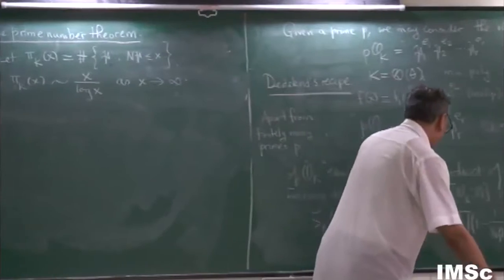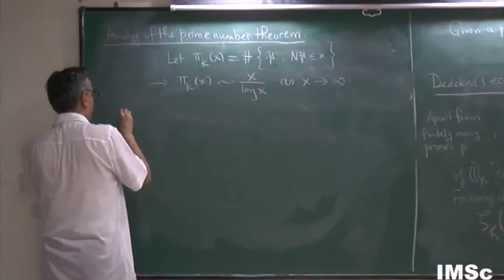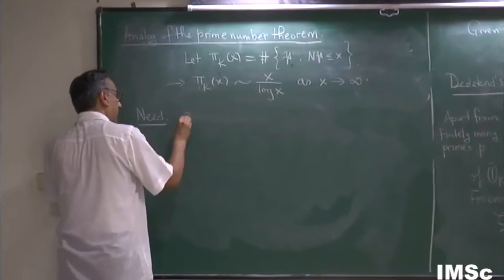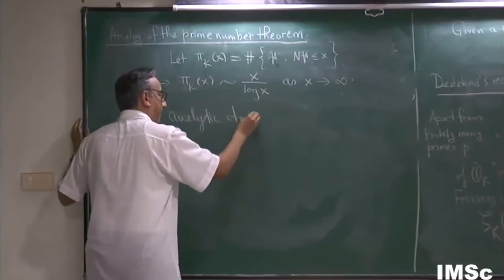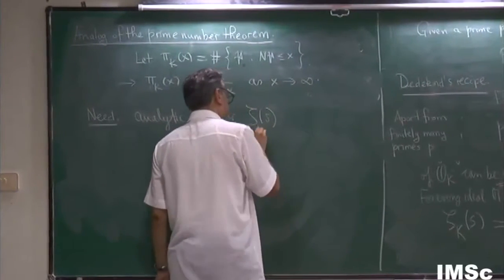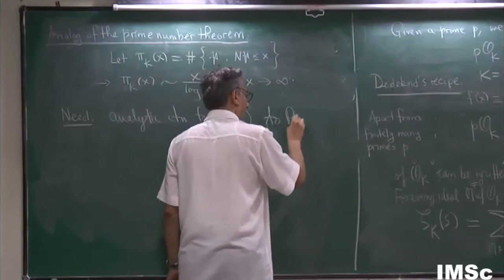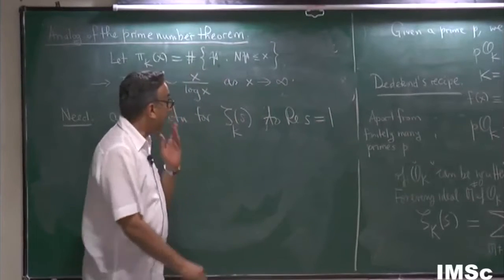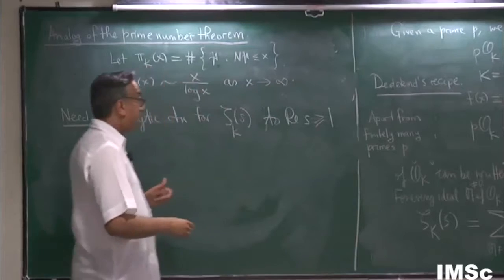Well, I have this factorization. We need an analytic continuation greater than or equal to 1, except for a simple pole.